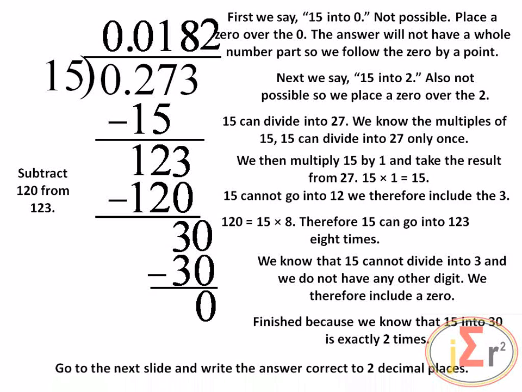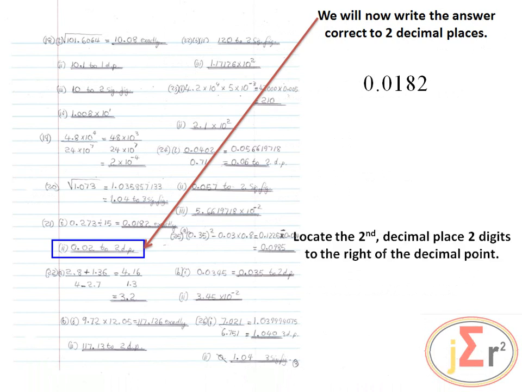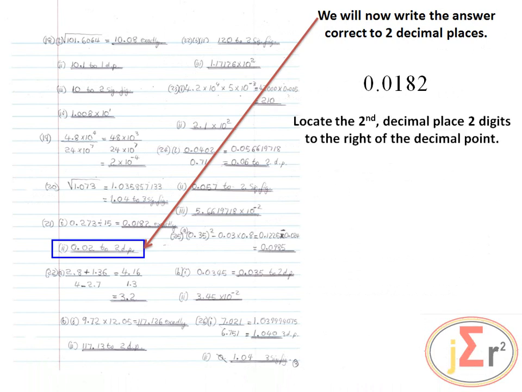Nice. Go to the next slide and write the answer correct to 2 decimal places. We will now write the answer correct to 2 decimal places. 0.0182. Locate the second decimal place, 2 digits to the right of the decimal point.